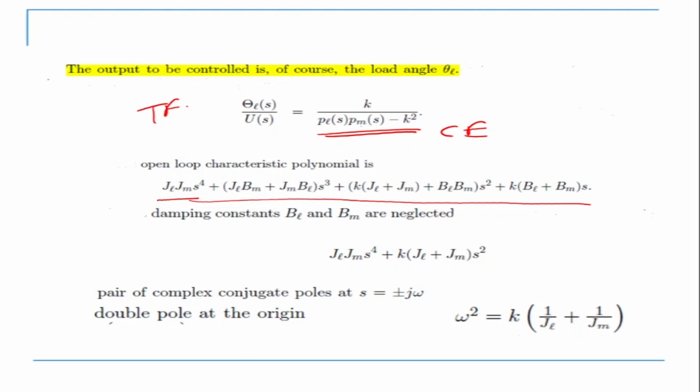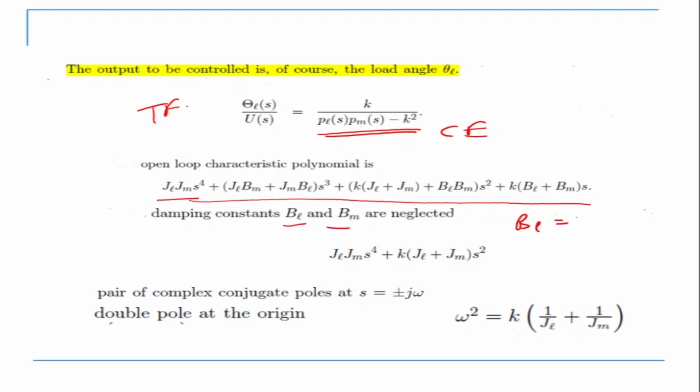So we are not sure where the roots are. As far as it is s squared, it is fine. They are going to be on the negative side of your j omega axis. But the moment it becomes s raised to 3 or s raised to 4, as we are seeing, in the case of PID controller we saw it was s raised to 3. Here we are seeing s raised to 4. So now we need to see if there is anything else we can figure out from here. Now what we can do is that we can say that BL and BM are neglected.